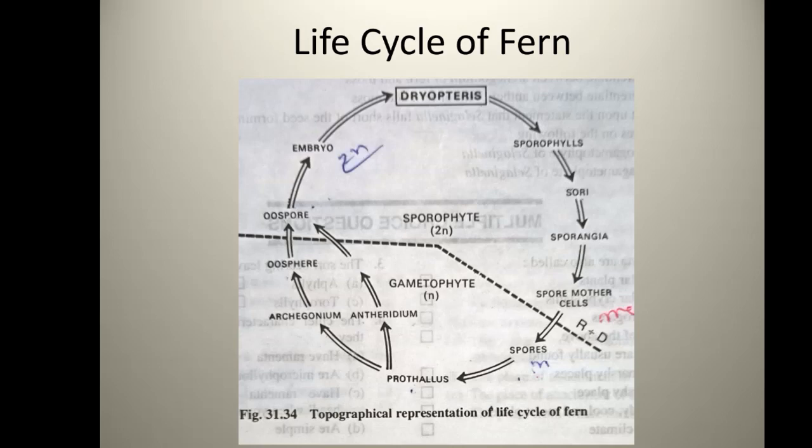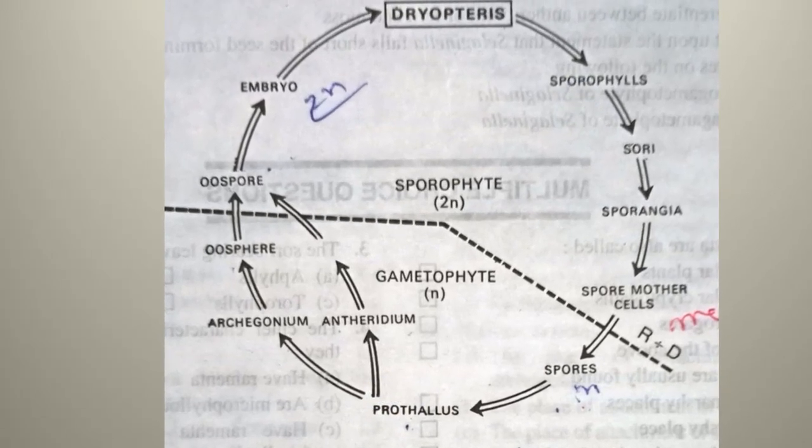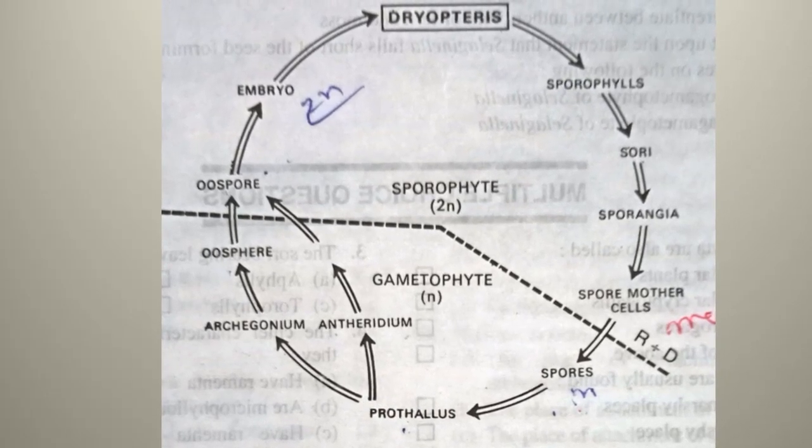Now this is the graphical representation of the life cycle of the fern. Here it is very clear that the sporophytes are diploid and the gametophytes are haploid. Here you will see the sporophyte, the plant-like structure.